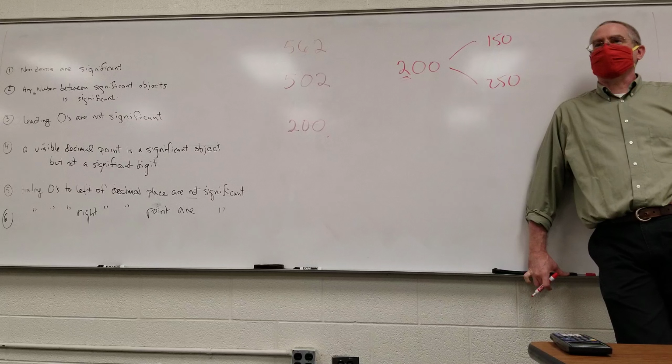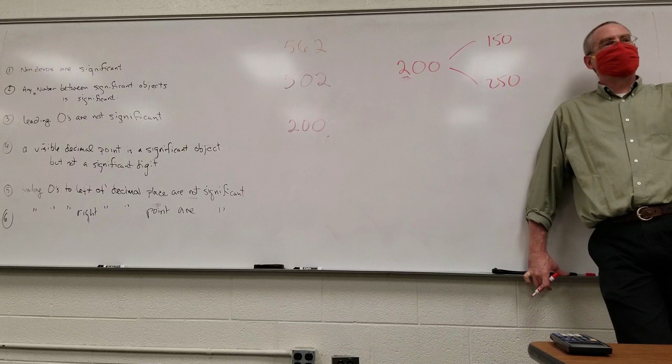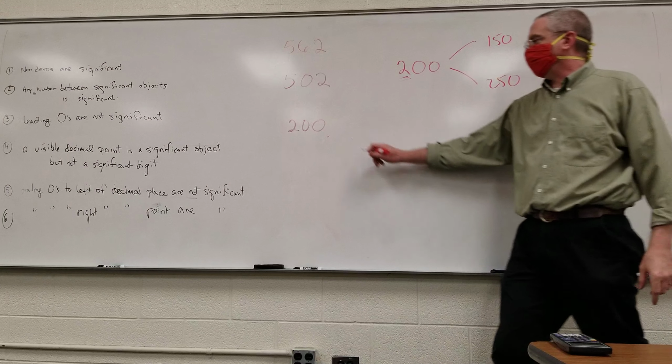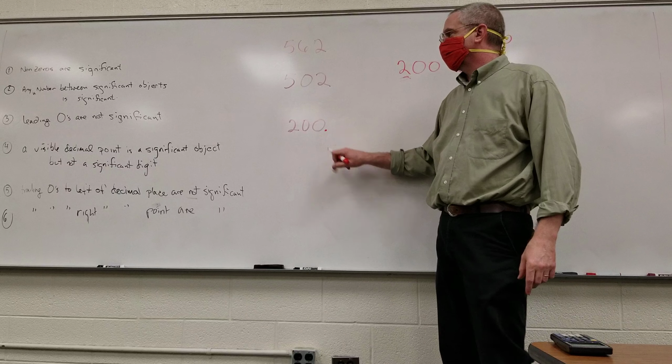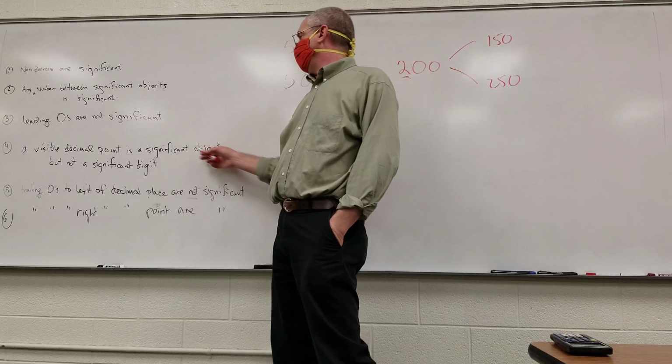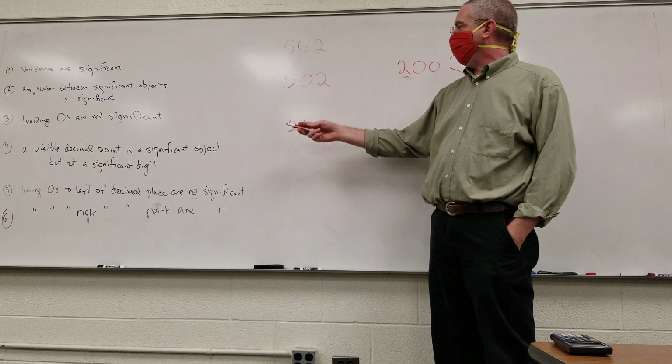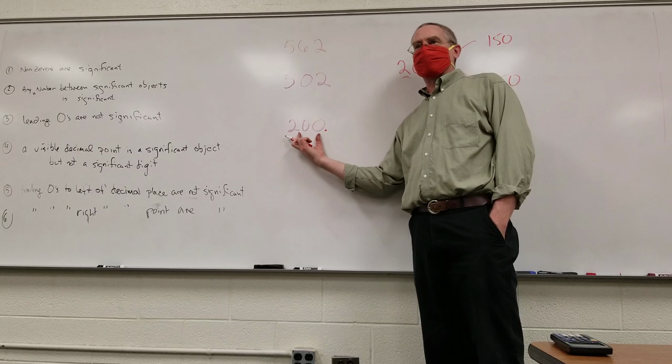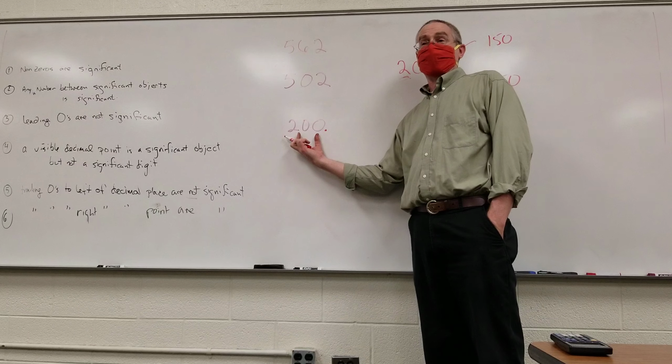in science, we rarely put tildes in there. Can you just add a decimal there? Just put a decimal point? Yeah, just one, because a visible decimal point is a significant object. We now have zeros between significant objects, so those zeros are now significant. That is one way of doing it, and that's typically the way that I do it.